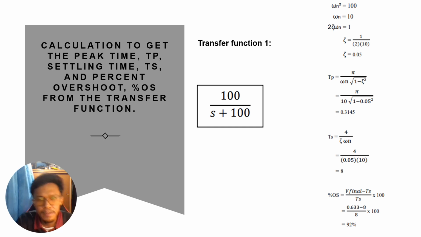Calculation to get the peak time, TP, settling time, TS, and percentage of overshoot, which is OS, from the transfer function. From transfer function 1, which is 100 over S plus 100, the peak time is 0.3145, the settling time is 8, and the percentage of overshoot is 92%.